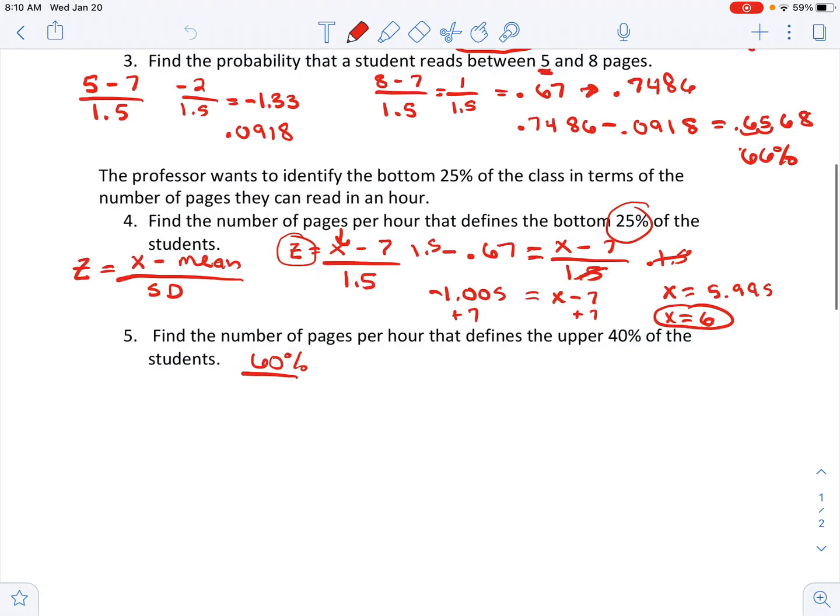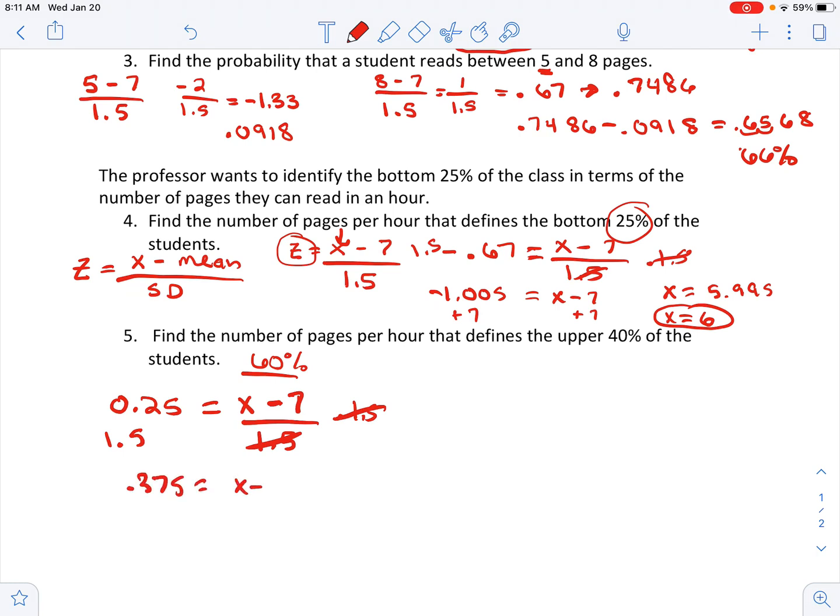So my z-score for the top 40% is 0.25 equals the x value, that's what I want to find, minus the mean, which is 7, divided by our standard deviation of 1.5. First thing we do is multiply each side by 1.5, and so this is 0.375.